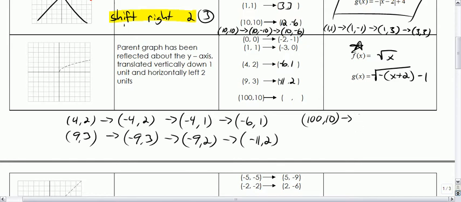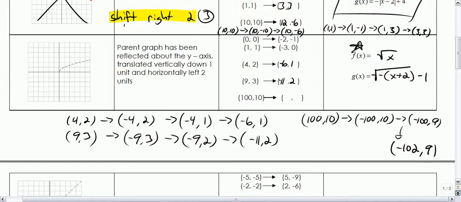Reflect across the y-axis, (-100, 10). Down 1, subtract 1 from the y, so (-100, 9). And then we go left 2, so subtract 2 from the x: (-102, 9).